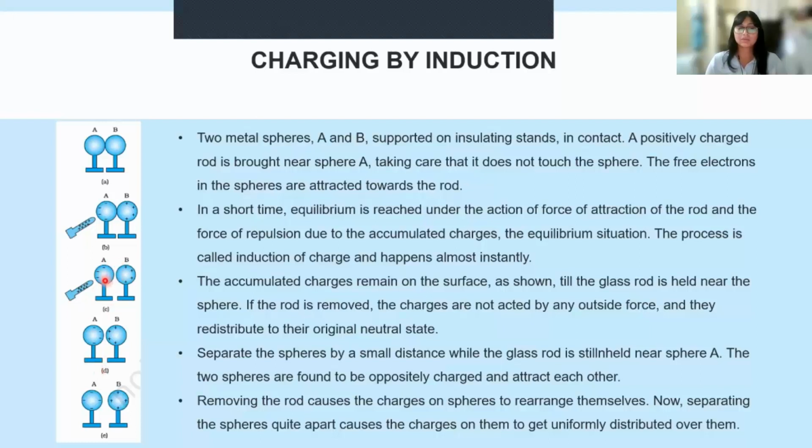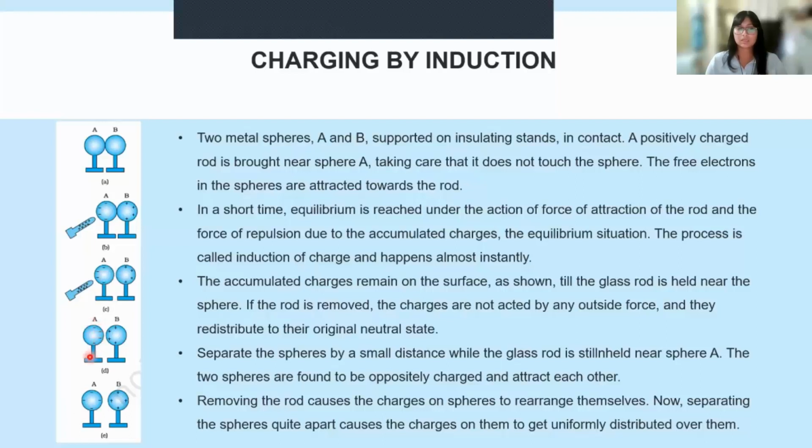Now if we remove the rod, the charges will rearrange themselves, and you will see that the negative charges have gone to the other side, because the attracting forces are also acting over here.